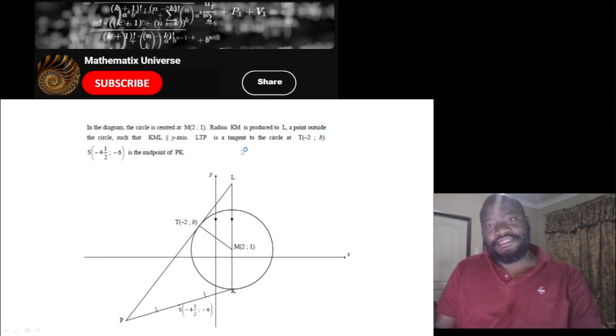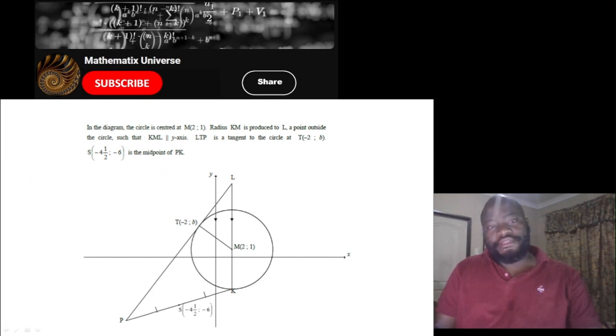LTP is a tangent to the circle at T with coordinates (-2, b). S, coordinates (-4.5, -6), is the midpoint of PK.